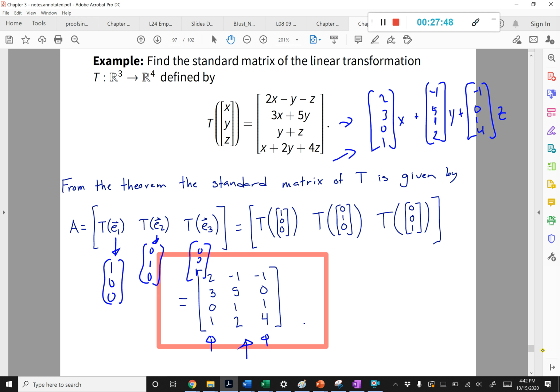Either putting them in columns and recognizing this as a matrix product, that times x, y, z, or you can think about it as putting in the standard basis vectors, and that pulls out the coefficients also.